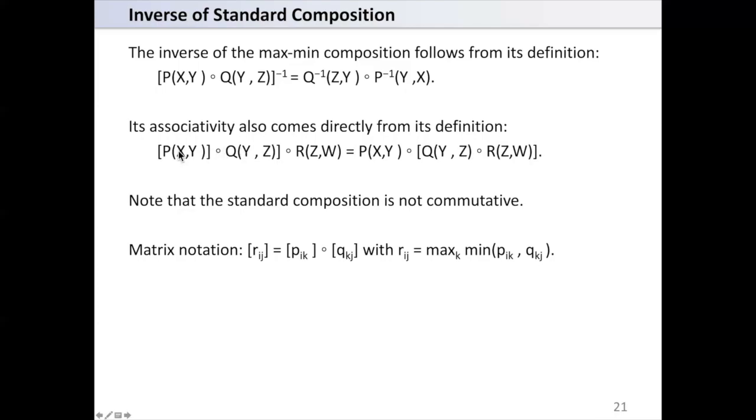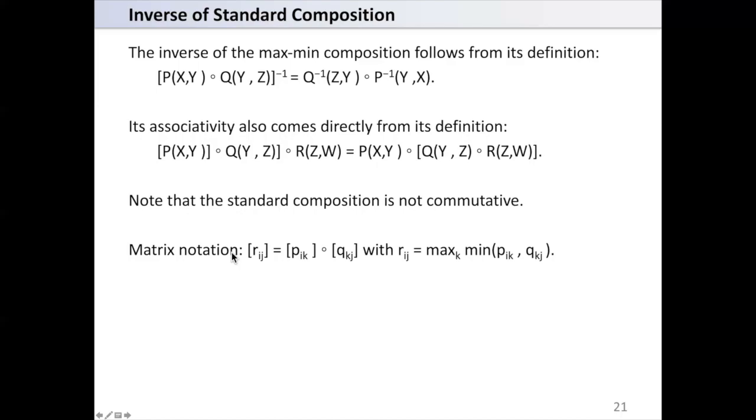Notice that the order of P, Q, R is the same on both sides. Note that the standard composition is not commutative. That is, standard composition PQ is not the same as standard composition QP.